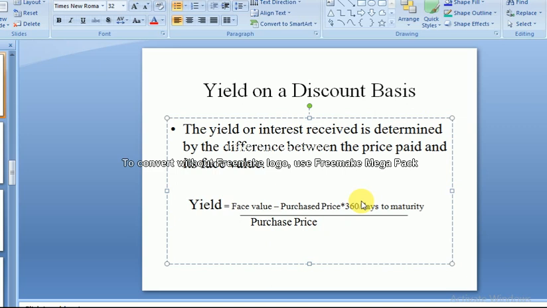The discount yield is computed by using standardized 30-day months and a 360-day year. Means when we are calculating the discount yield, we take the months and year as standard.